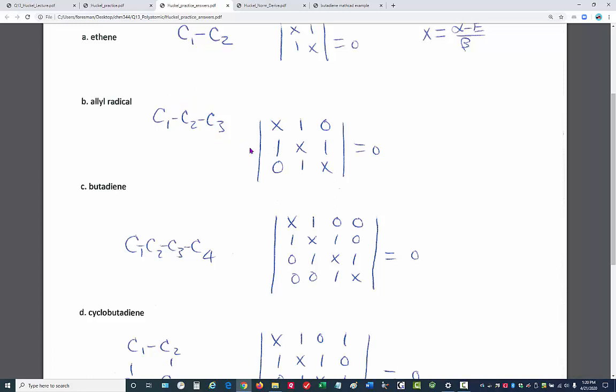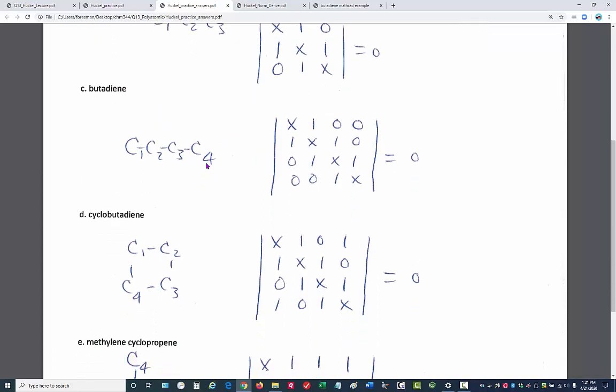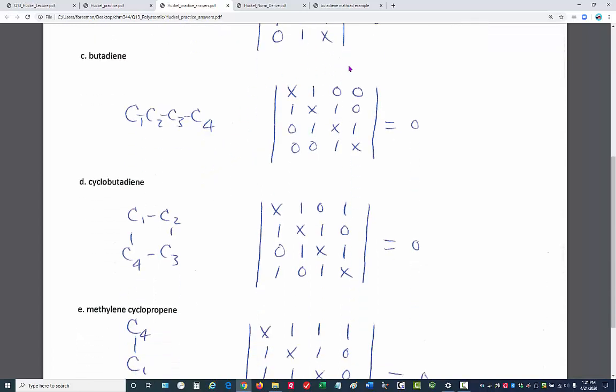The second row, carbon 2, that's attached to both 1 and 3, so that's why we have 1, x, 1. And then finally for the third row, 0, 1, x. Butadiene, here's the way butadiene would look in my shorthand notation. X is on the diagonal, 1's on the off diagonal, just one off of the off diagonal, and then 0's everywhere else.